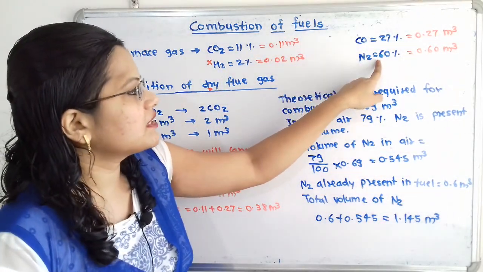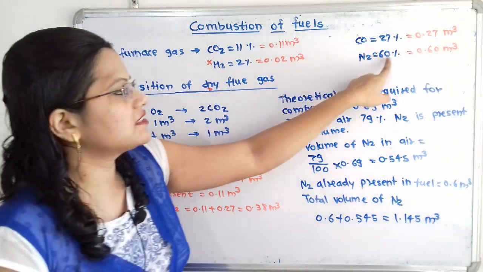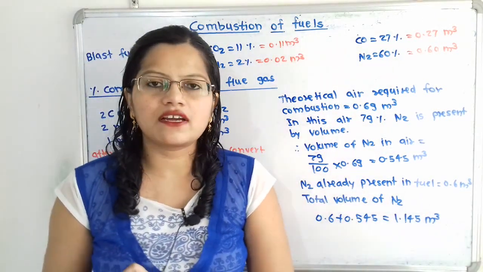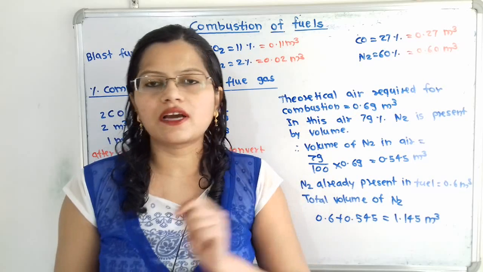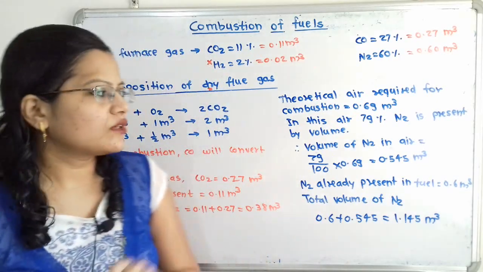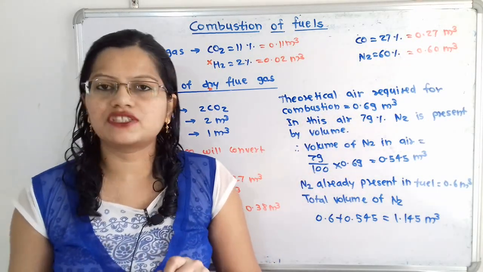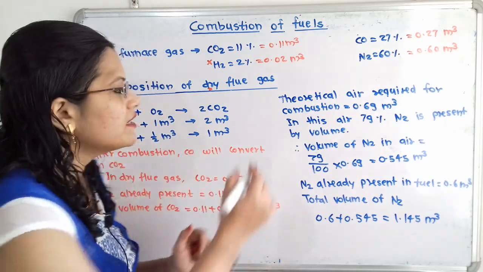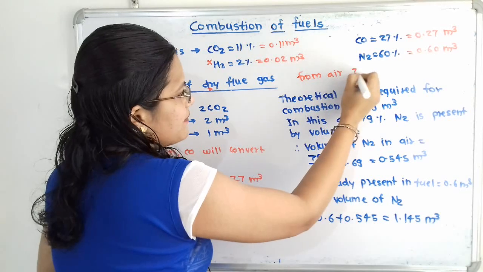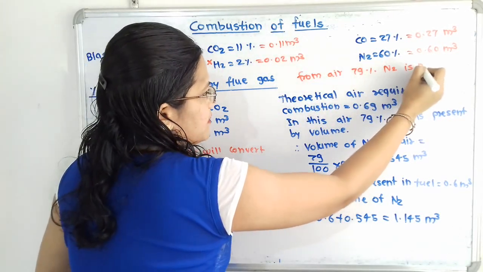Nitrogen is present in the fuel, the blast furnace gas, at 60%, and the theoretical air that is supplied for the combustion process also contains some nitrogen, that is 79%, as mentioned in the question. So we have to take from air, 79% of N2 is provided.